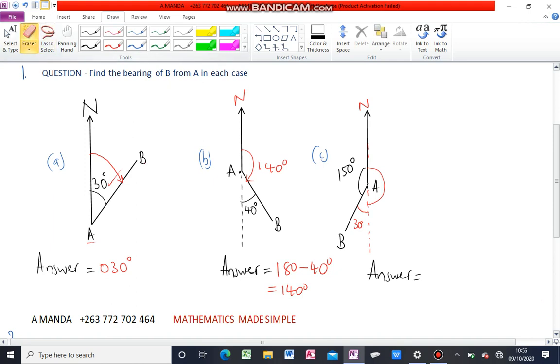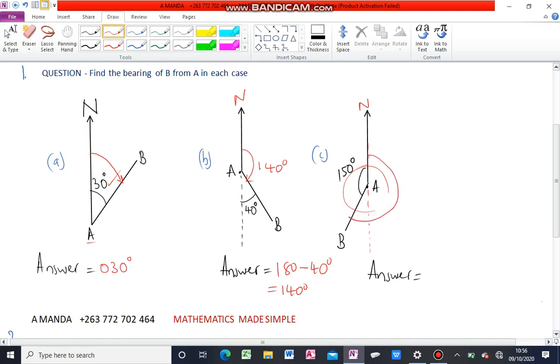But if you are not interested in this method, you can simply say, since we have 360 degrees here on this one, our angle, the bearing of B from A, we can simply measure this angle.